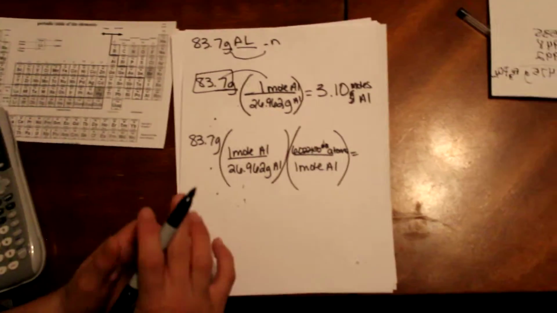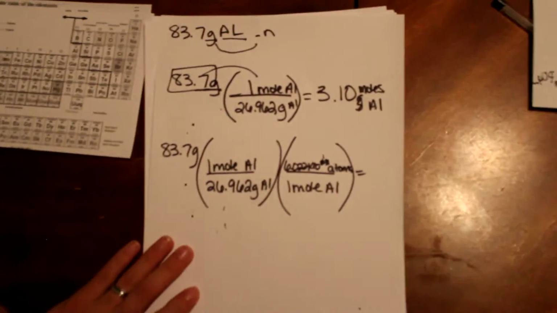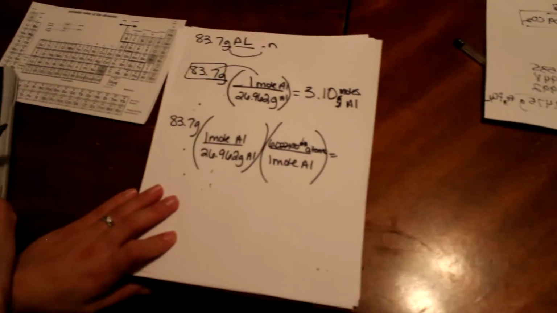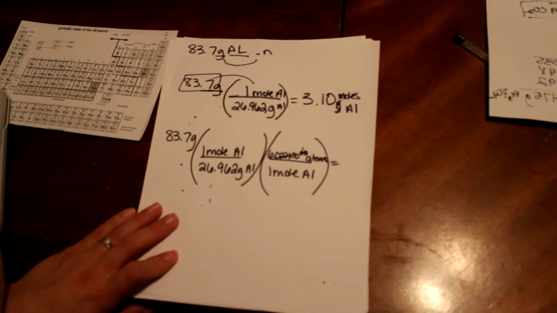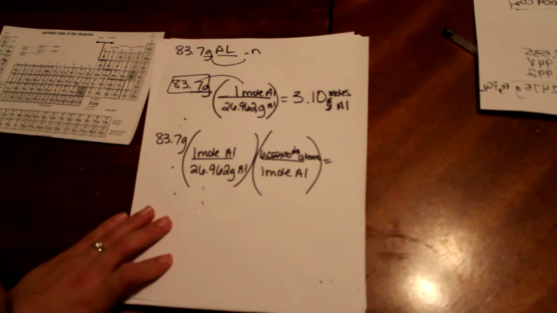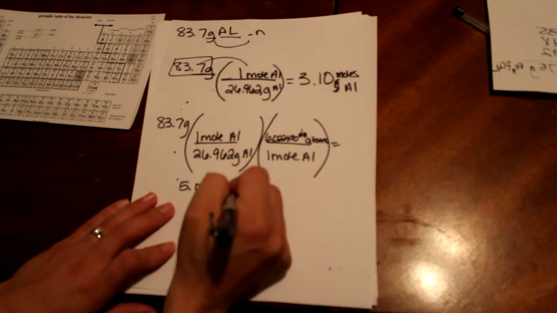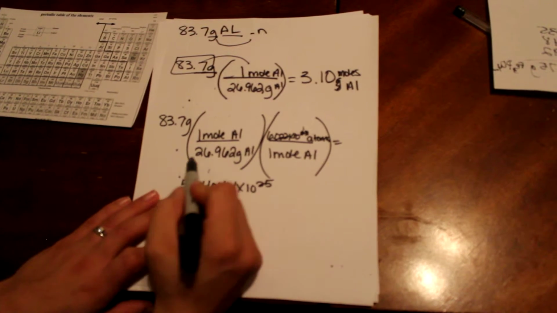So you multiply across the top, and you get 83.7 times 6.022 times 10 to the 23rd, and that equals 5.040414 times 10 to the 25th. But you have to do the bottom.